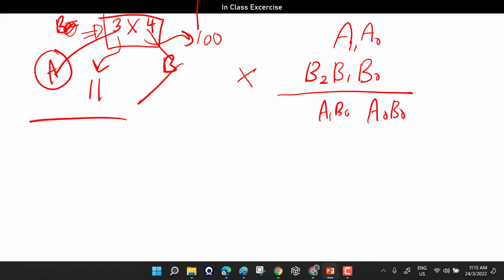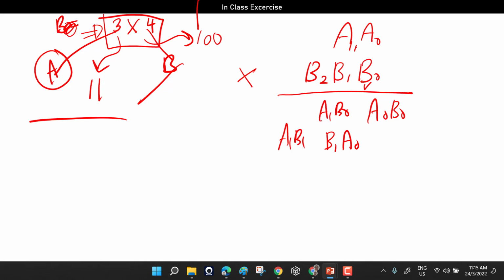I have processed this for B0. Now I'm moving into B1. For B1, I should start beneath B1, not start here. So this one should be B1, A0, then A1, B1. Remember, we multiply starting from the least significant bit.